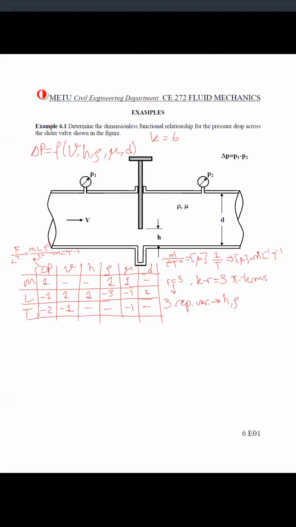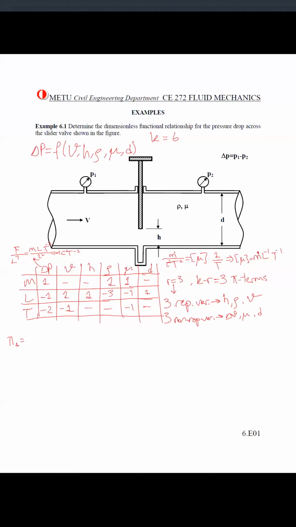And besides, let's select V as the flow property, so that those 3 will be our repeating variables, and the remaining three non-repeating variables are just delta P, mu, and d. So that we will obtain 3 pi terms like those.